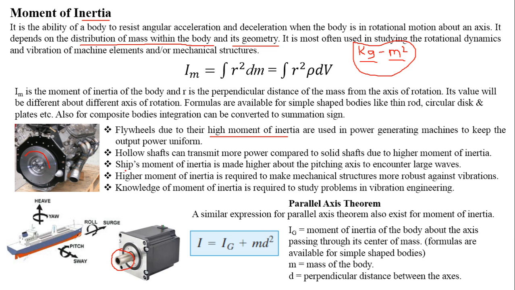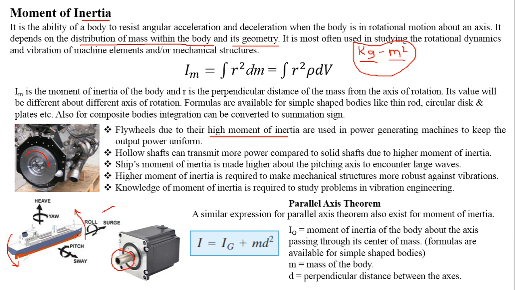Similarly, you see that a ship's moment of inertia is made higher about the pitching axis in order to encounter large waves. So this is the pitching motion. It can go up, it can go down like this. This is the pitching motion of the ship.